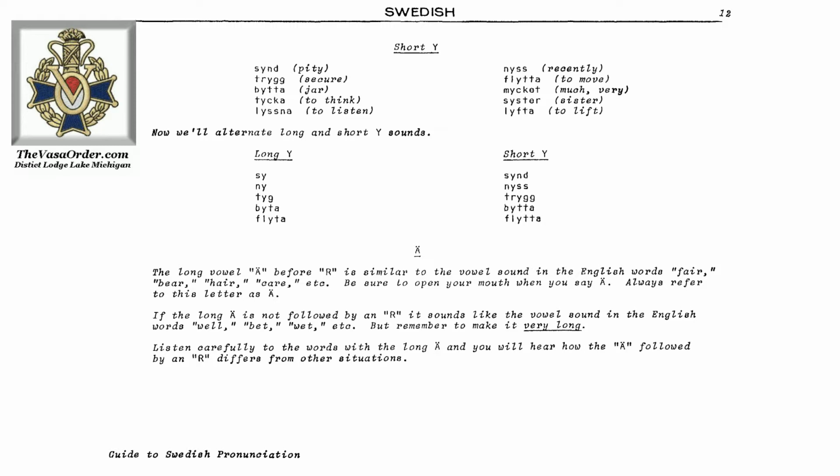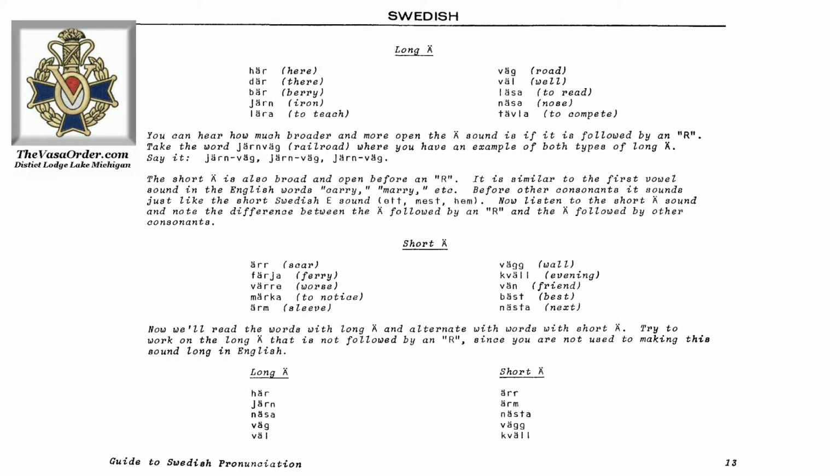If the long ä is not followed by an R, it sounds like the vowel sound in the English words well, bet, wet, etc. But remember to make it very long. Listen carefully to the words with the long ä, and you will hear how the ä followed by an R differs from other situations.